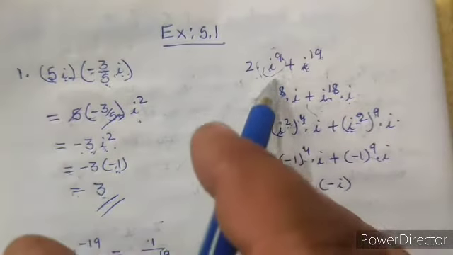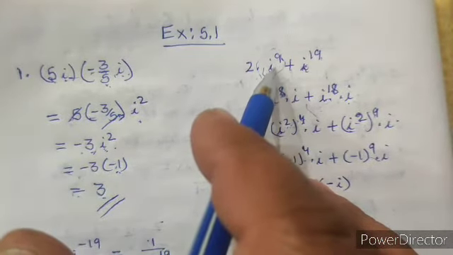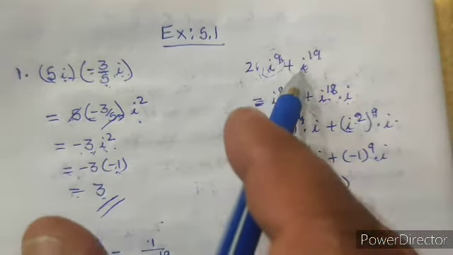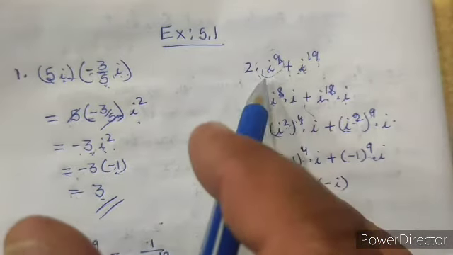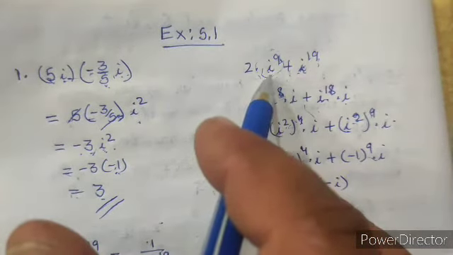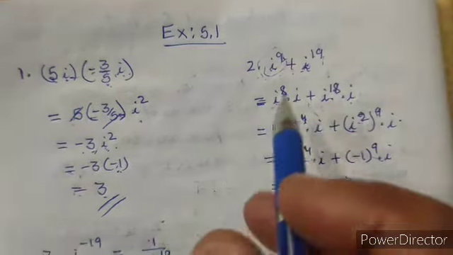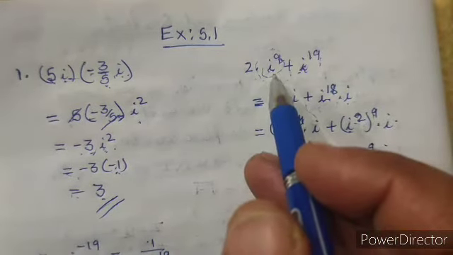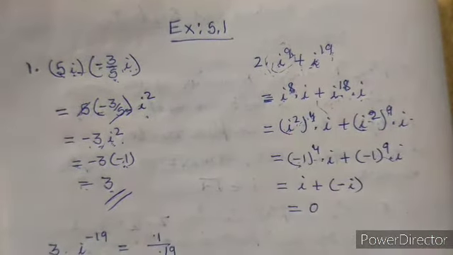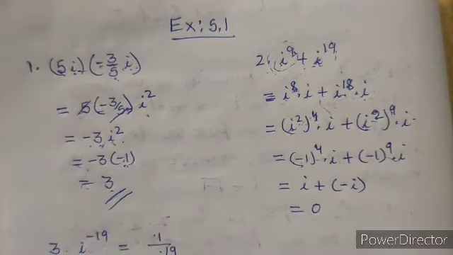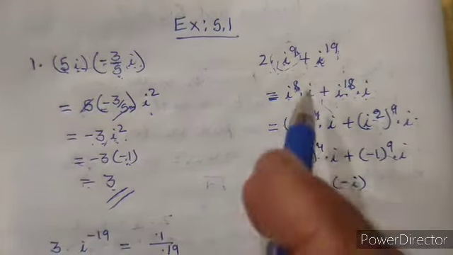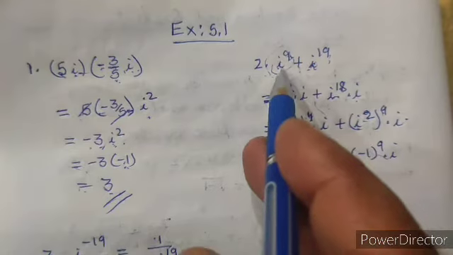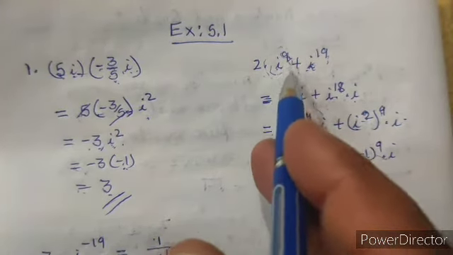Now in second question, we have to find the value of i raised to power 9 plus i raised to power 19. Now the most convenient way to find it is to write it in the form of the nearest even power. Now, nearest even number to the 9 will be 8.